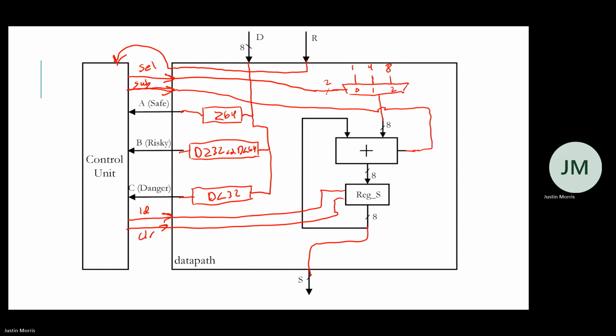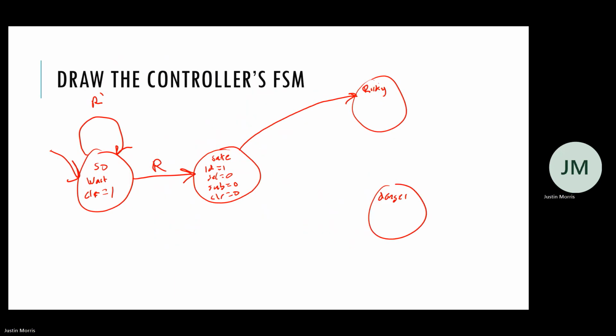Yeah, so what does the controller know about though? When B is 1, yes. So A naught, B, C naught. Right? We stay in safe if A is 1.